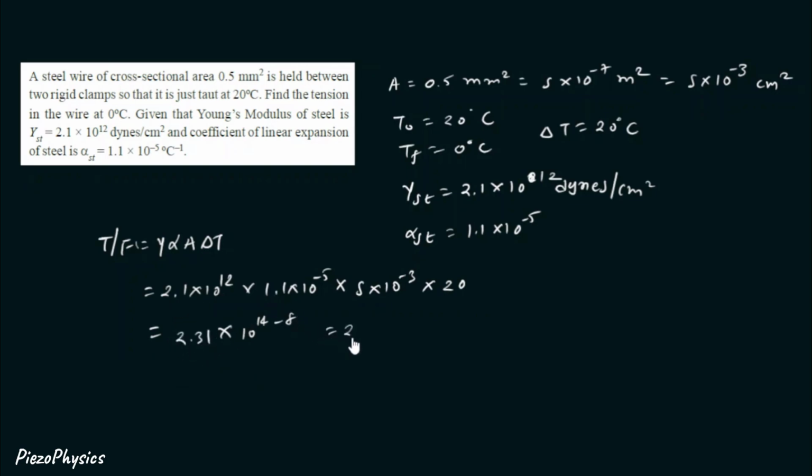So it will be 2.31 into 10 power 6 dynes. It will ultimately be 2.31 into 10 power 1 Newton, right? So this is our problem related to thermal stress.